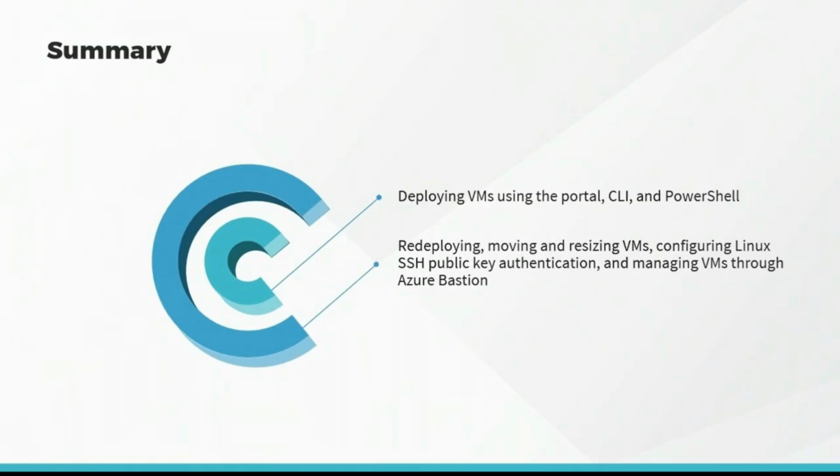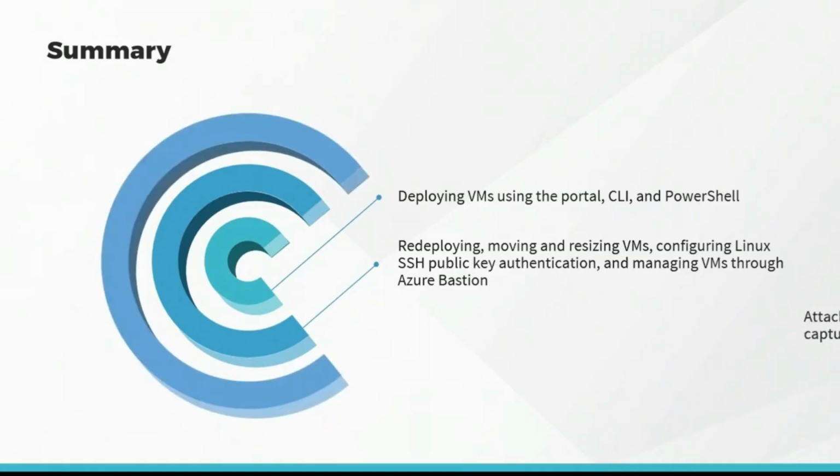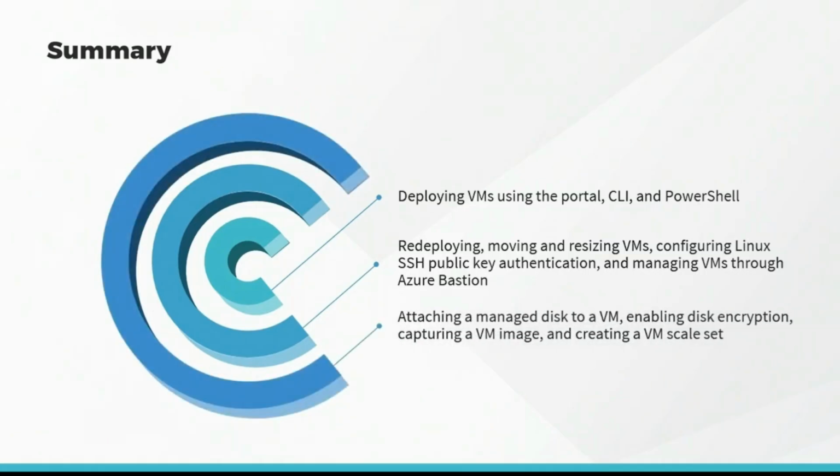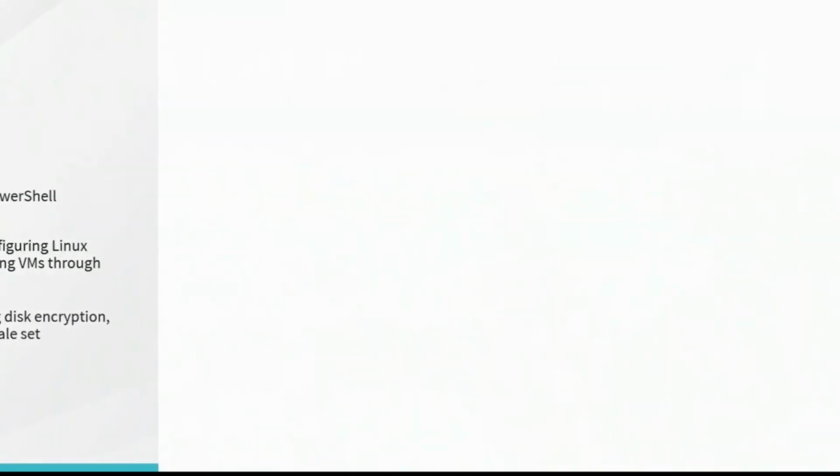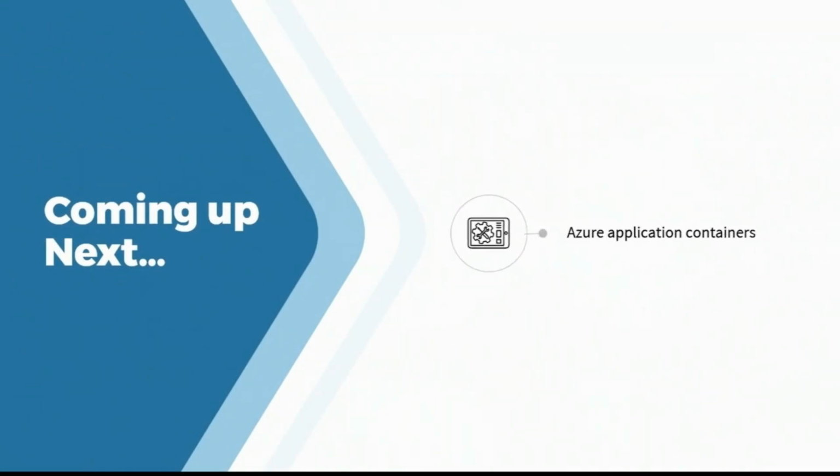And we also configured SSH Public Key Authentication and managed VMs through Azure Bastion. We then attached a managed disk to a VM. We enabled disk encryption, we captured a VM image, and we created a virtual machine scale set. In our next course, we'll move on to explore how to deploy and manage cloud-based application containers.